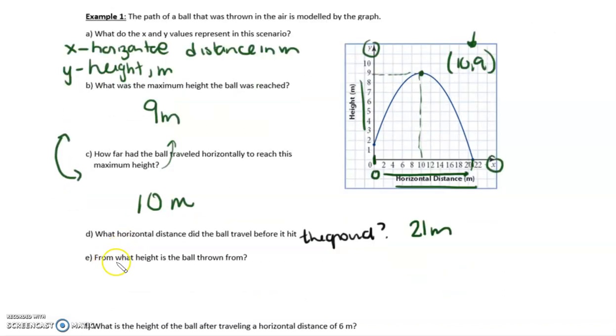Okay. From what height is the ball thrown from? So this is actually asking for the y-intercept. So right here, the ball is thrown from 1.5 meters high.